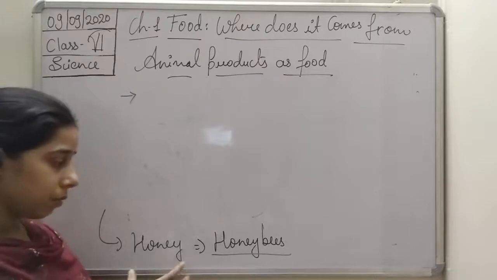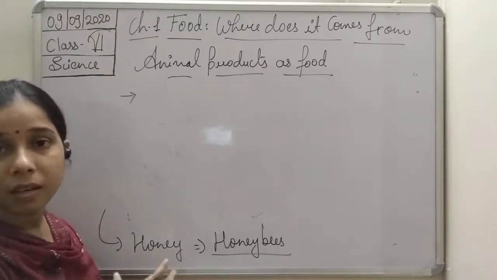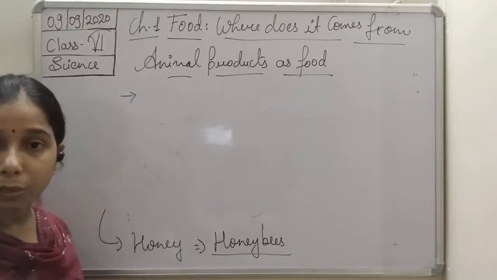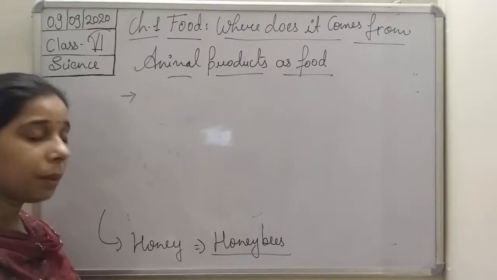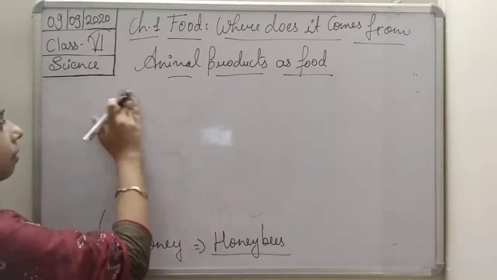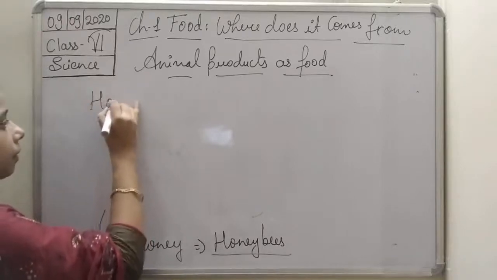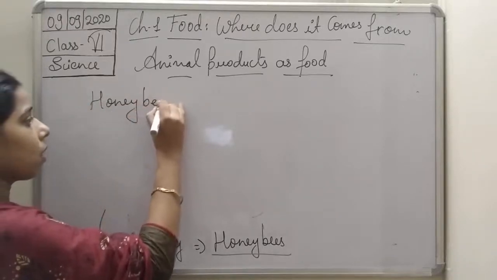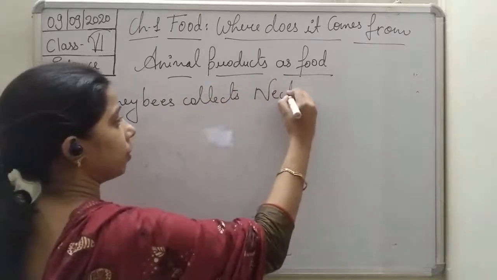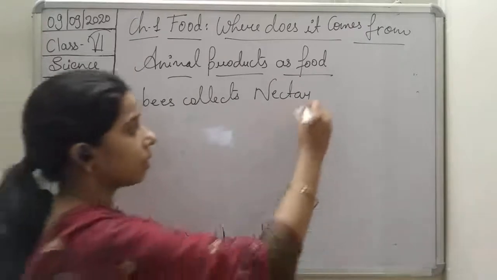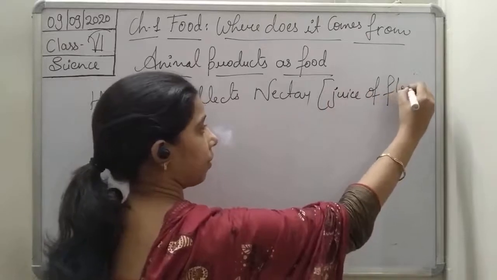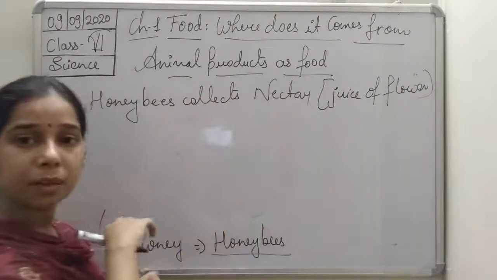It is used in many medicinal products also, students. So it has medicinal values. First of all, we will see how honey is formed. So you can write that honeybees collect nectar. What is nectar? This is the juice of the flower.